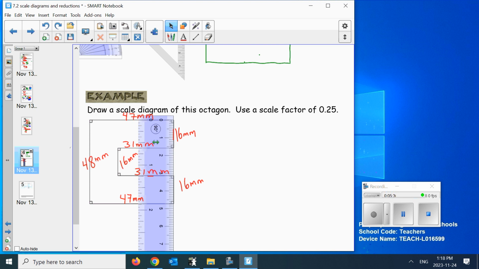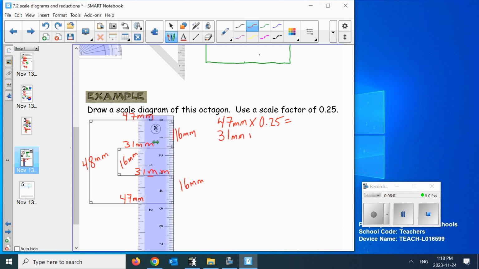Okay. Now, what I'm now going to do is the scale diagram. I need to do calculations for this. So, quarter, decimal 0.25. If I go with that, I'm going to go 47 times 0.25 and 31 times 0.25 and 16 times 0.25.